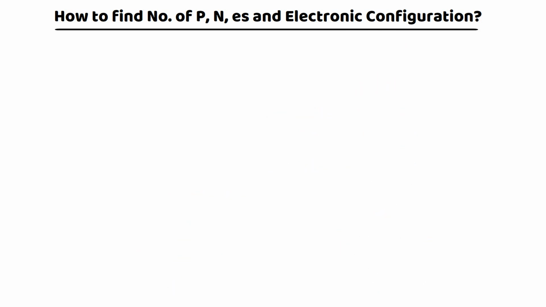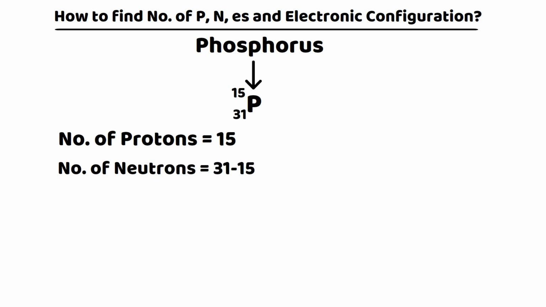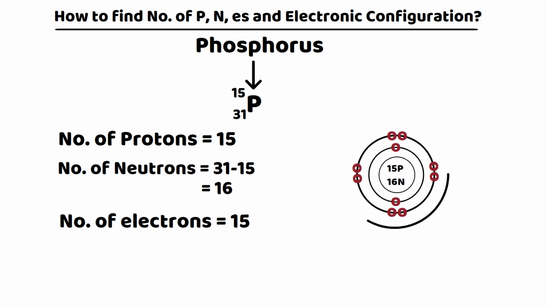Another example, let's find the number of protons, neutrons, electrons and electronic configuration for a phosphorus atom. The atomic number of phosphorus is 15, so it has 15 protons in the nucleus. Its atomic mass is 31, so the number of neutrons is 31 minus 15 equal to 16 neutrons. Also electrons are 15 and the electronic configuration shall be 2, 8, 5.